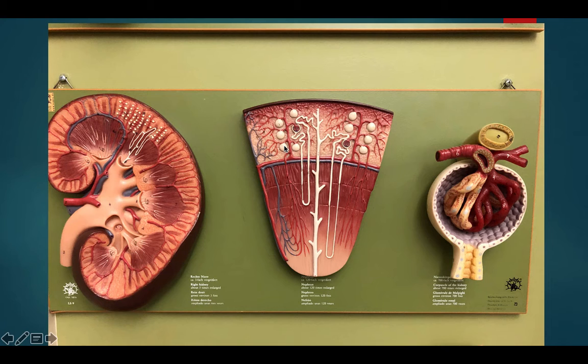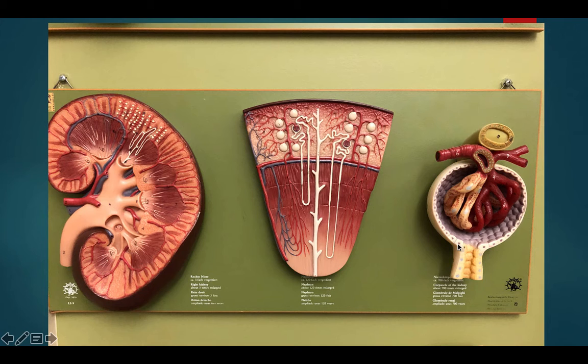This is located in the renal cortex, so you can see that here. When you talk about the parts of the renal corpuscle, this is where a lot of students get confused. The renal corpuscle includes the glomerulus, which is this capillary network, and it includes what's called the glomerular capsule or Bowman's capsule, right here.